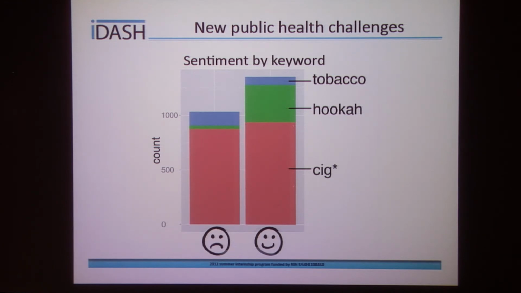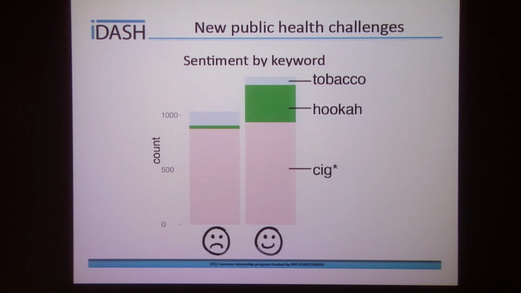If we look at tobacco, hookah, and cig, we see that cig is relatively evenly distributed between positive and negative sentiment. There is a huge discrepancy, though, with hookah. It is overwhelmingly positive, whereas tobacco is disproportionately negative, which suggests a kind of public disconnect, maybe, since hookah is tobacco, and there may be an opportunity for education there.